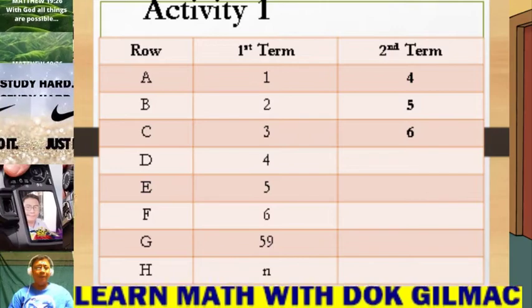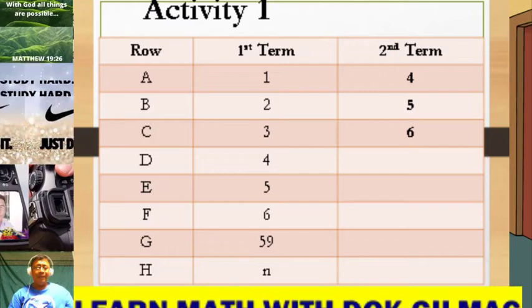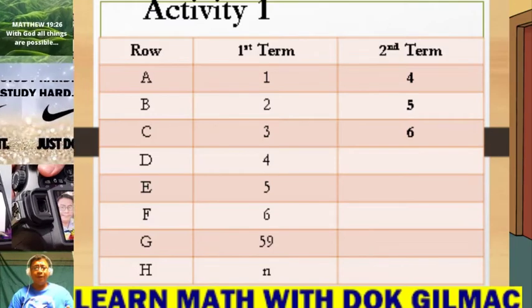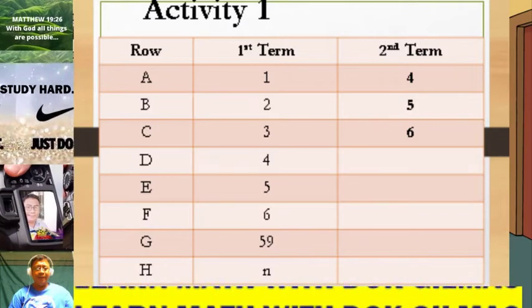In this particular activity, you're going to fill in the second term for 4, 5, 6, including 59 and N.